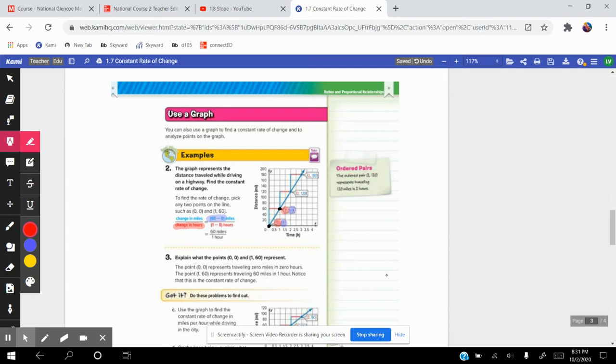We want to subtract in the same order we did for our change in miles. So that's 1 minus 0. Simplifying that, 60 minus 0 is 60. 1 minus 0 is 1. So that means 60 miles per 1 hour.